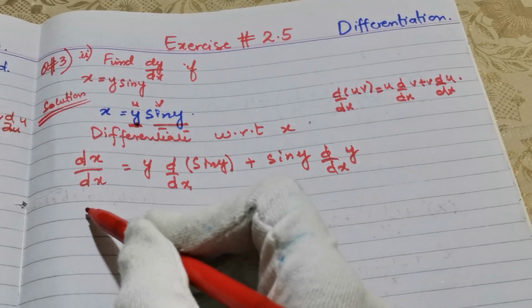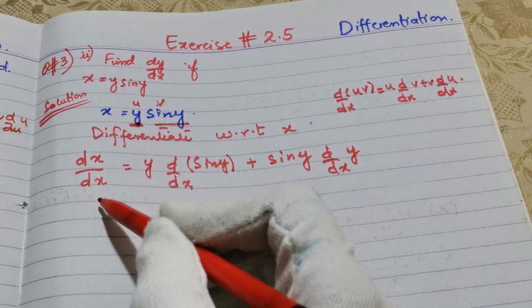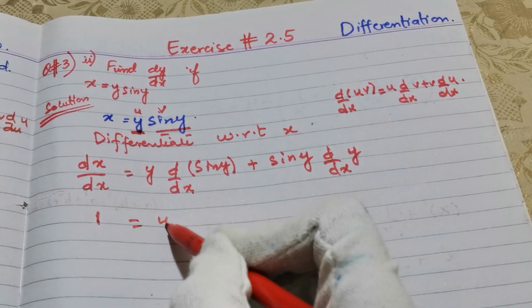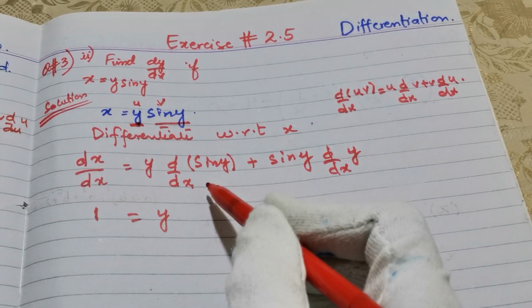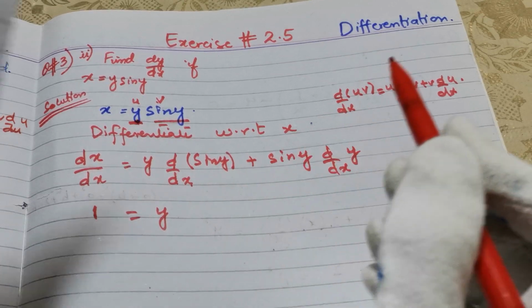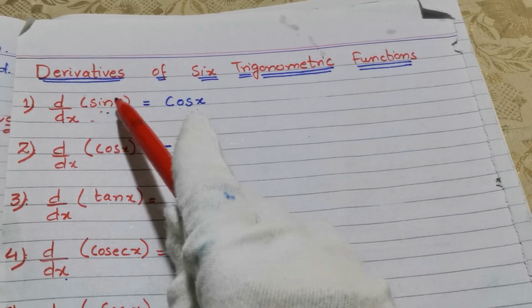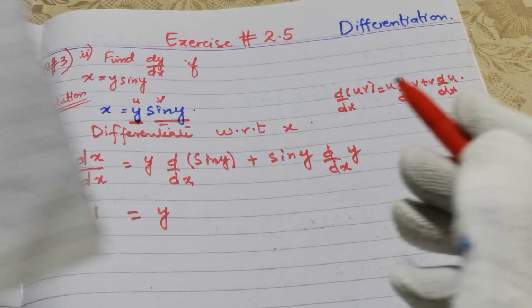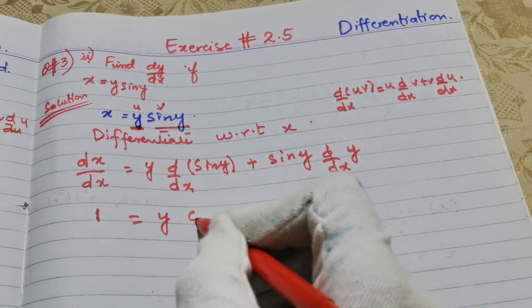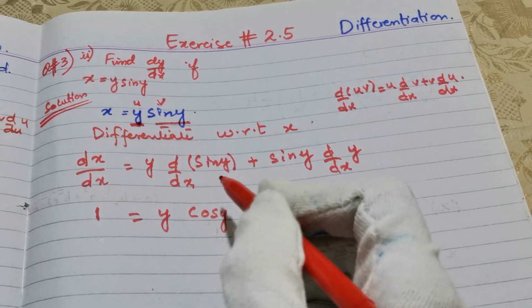So derivative of x with respect to x is 1, is equal to y, derivative of sin y. Derivative of sin x is equal to cos x, so derivative of sin y is cos y.